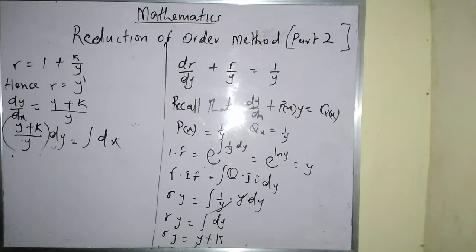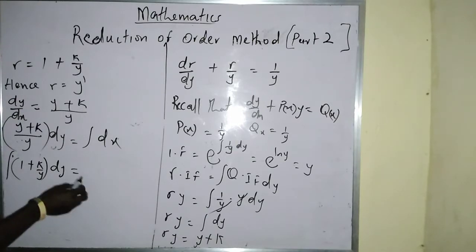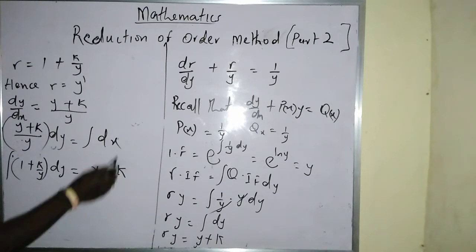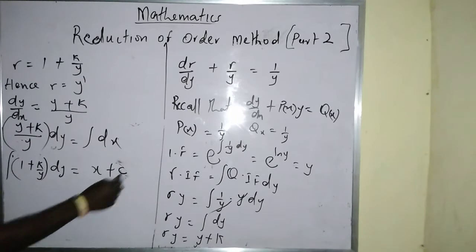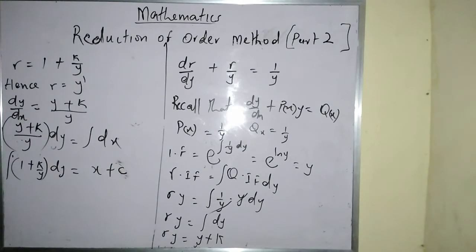Once I have this, I will integrate it, which I can turn to the integral of 1 plus k divided by y, all bracket, dy, which is the integral of this one, and it will now be x plus c. Since I have x plus c, how do I integrate this? I can answer that one.